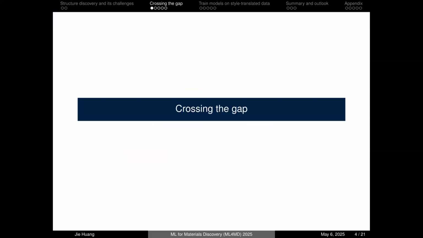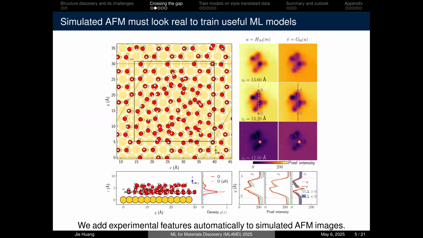So we believe that if we want to train a useful machine learning model to discover the structure, we should make this training data more realistic, more like experimental AFM images. So this is our simulation data set, which is water molecules on a gold surface.